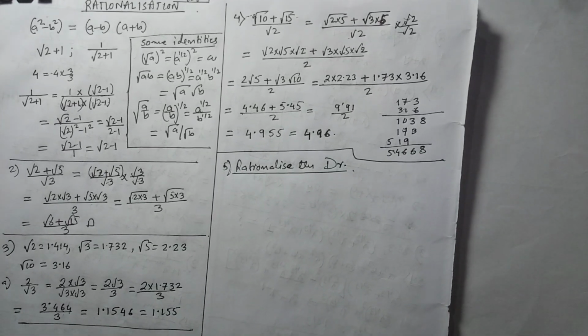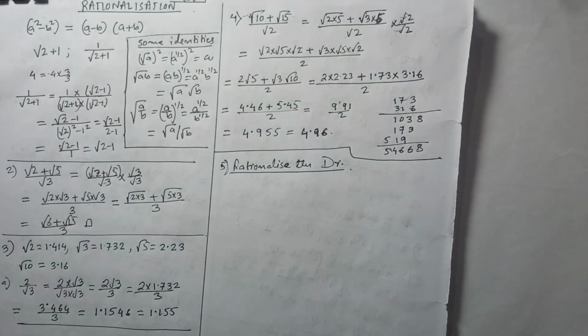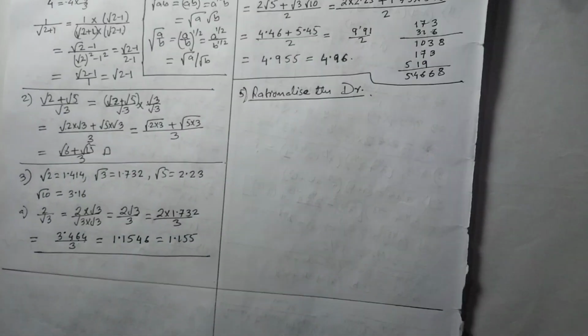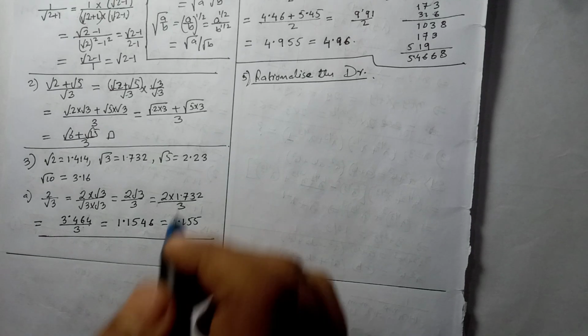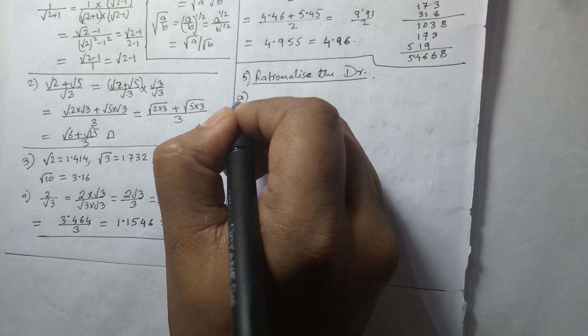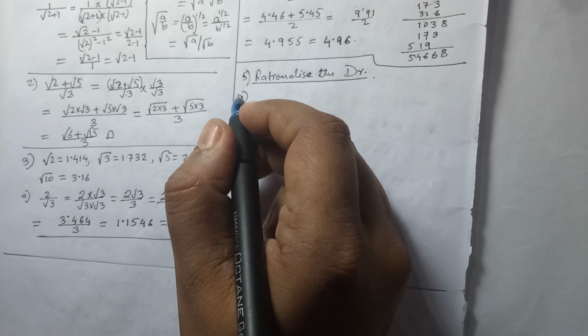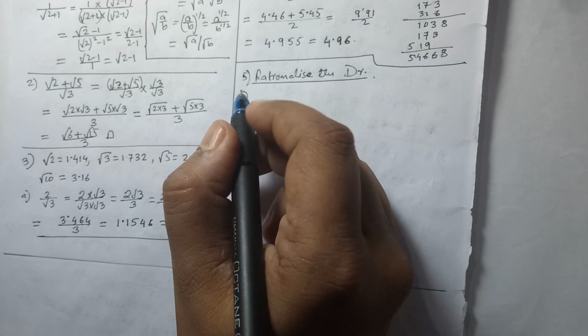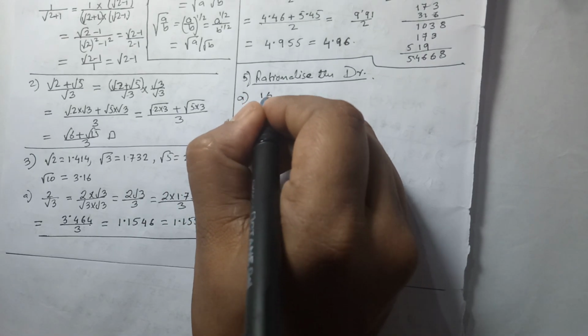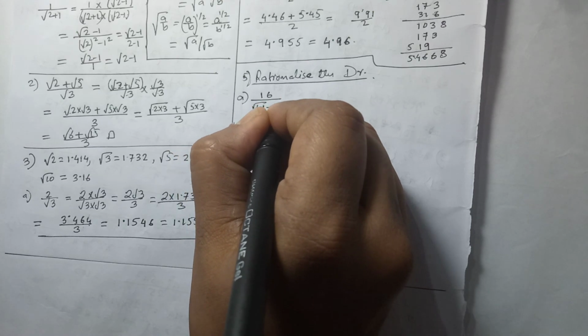Part A. First a simple one. 16 divide by root over 41 minus 5.